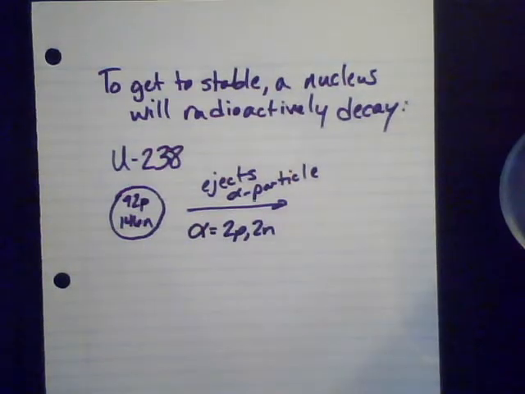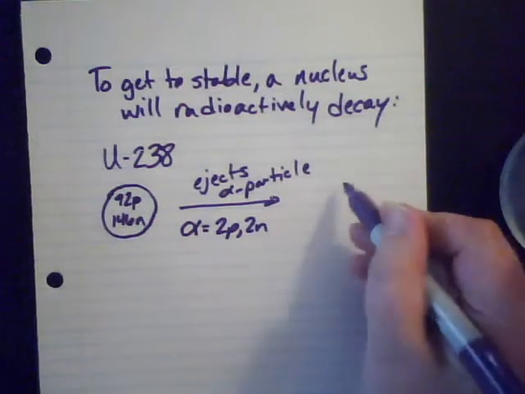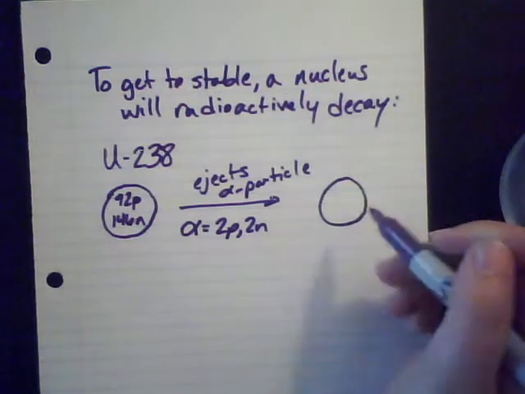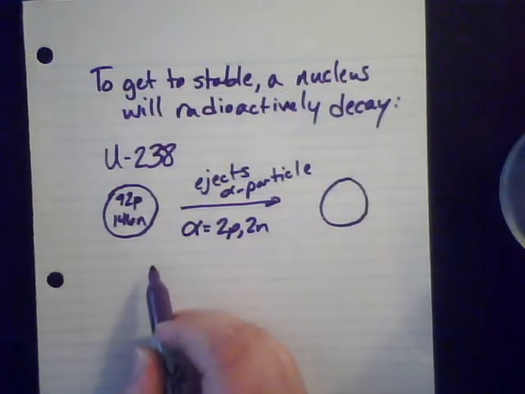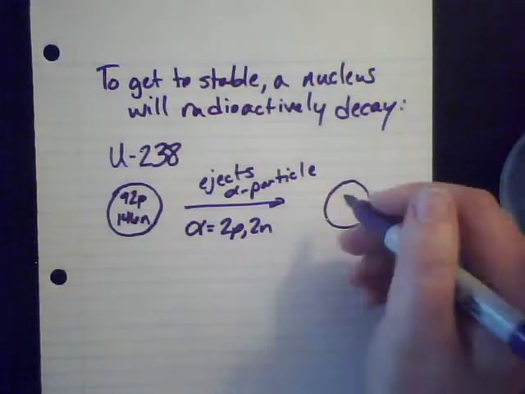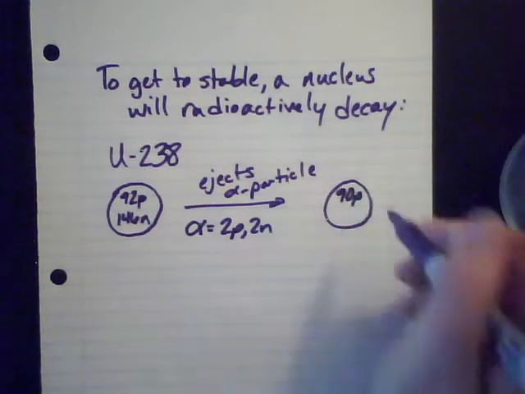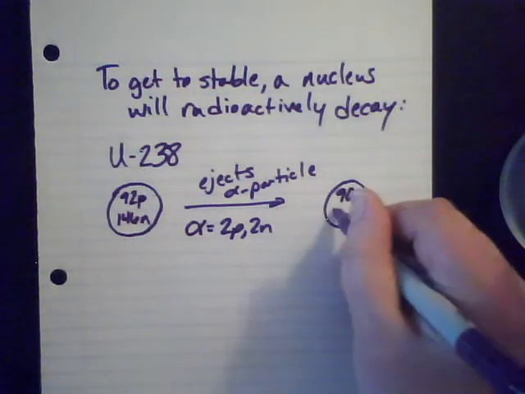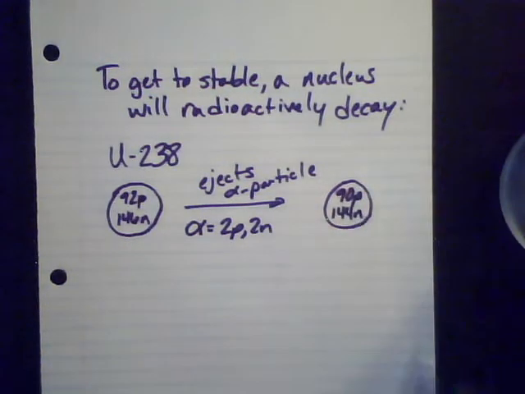So when that uranium-238 emits an alpha particle, that means it is emitting 2 protons and 2 neutrons. So what I have then is a nucleus that is smaller, and smaller usually means more stable. And so I have 2 fewer protons, so I have 90 protons now, 2 fewer neutrons, so I have 144.